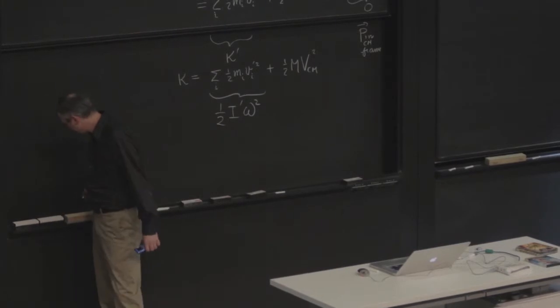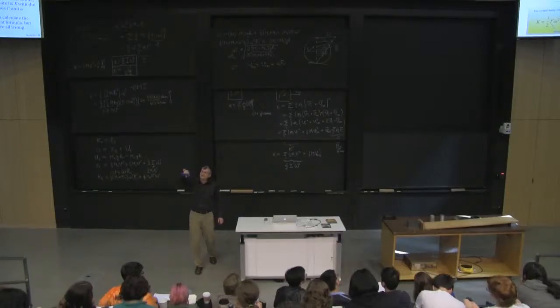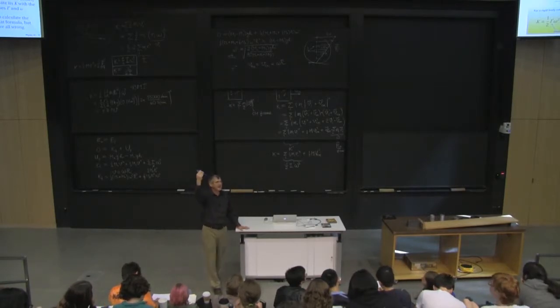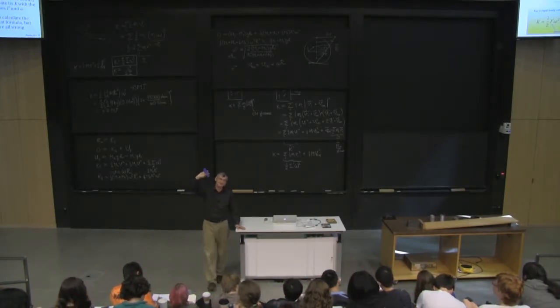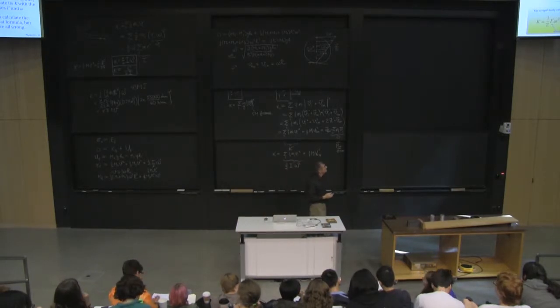And remember, as we discussed, if it's a rigid body and it's rotating, every point on the body rotates with the same angular velocity. Okay?